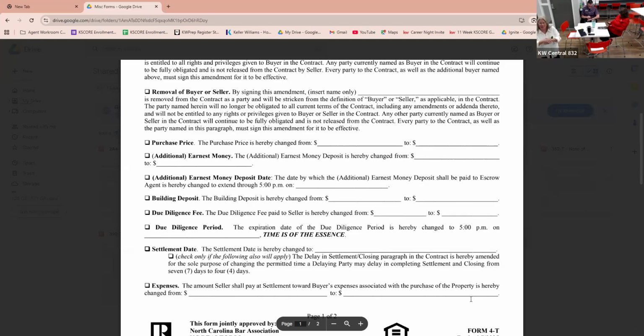So settlement date, this is where we would change the settlement date. It defaults to 7 unless you check the box. If you check the box, then it reduces it down to 4, your cushion dates. Do you have any recommendations on that? It depends on how much you're getting dragged along and what the communication is.